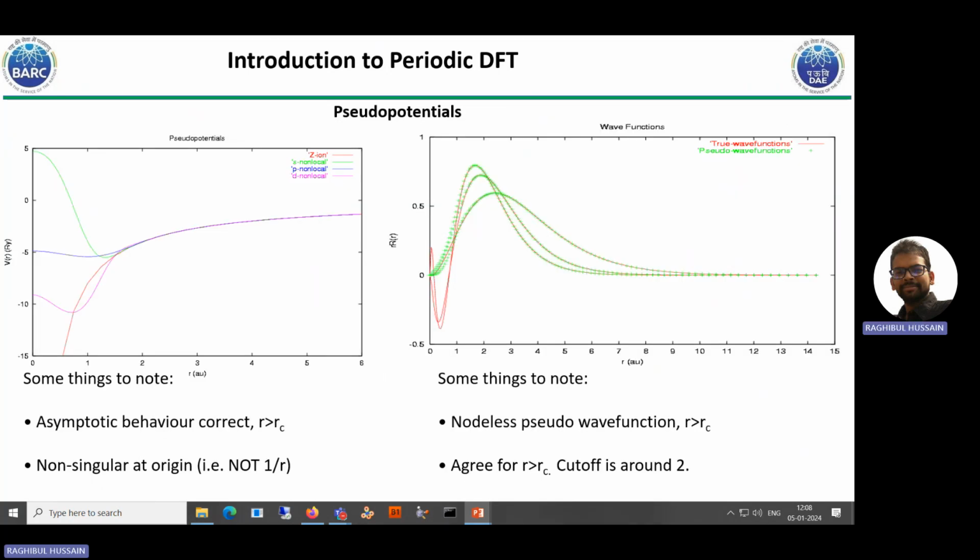So let us see how the pseudopotential and the all electron potential look. This is the all electron potential, with the S contribution, P contribution, and D contribution. Based on that, if you look at the wave function, this is your pseudo wave function and this is your all electron function.